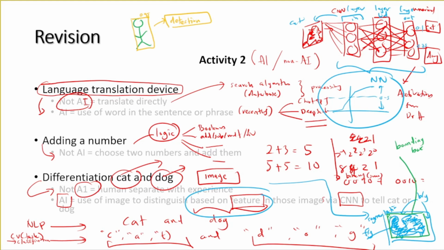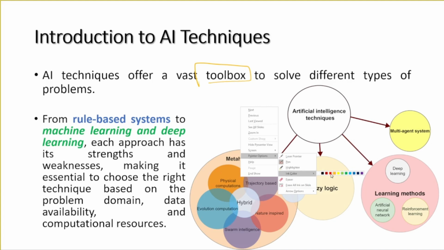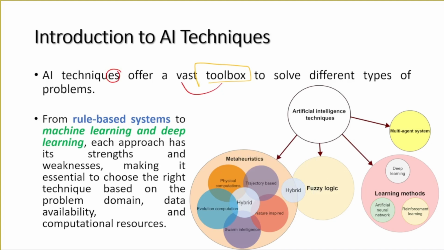So we have several tasks in computer vision, if we may discuss over here. Okay, right. So introduced to AI techniques. So there will be vast or huge techniques to be discussed in AI particularly. So when we talk about toolbox, that would be the analogy for saying that AI contains a vast number of techniques.